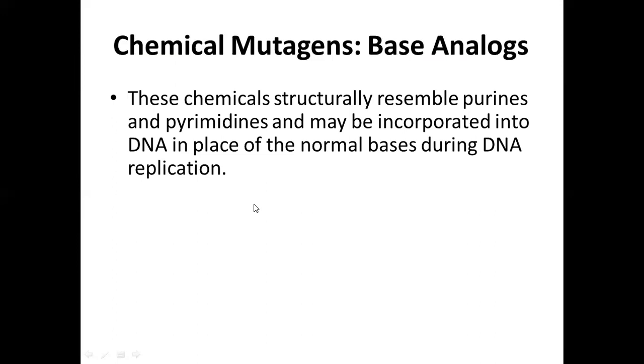So base analogs, very simple. You have a purine which is supposed to be in a DNA molecule, but we have this base analog because it is similar to a certain purine, which is going to be incorporated into that place where that normal base was supposed to be. So it's known as a base analog.